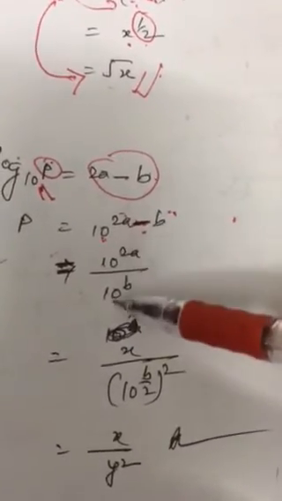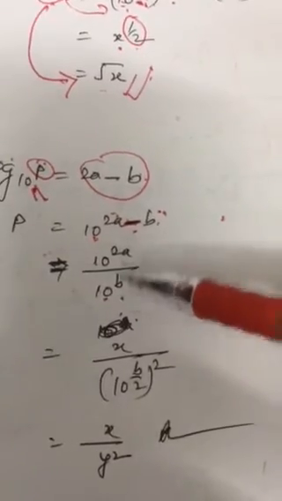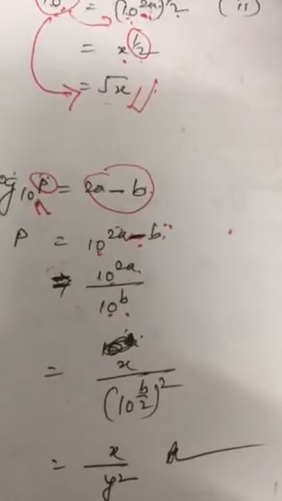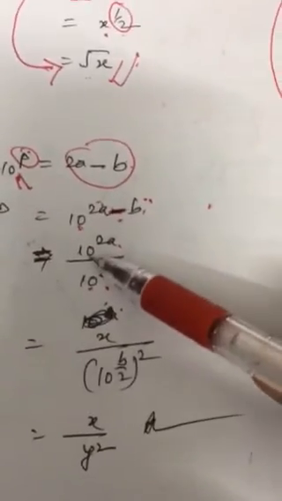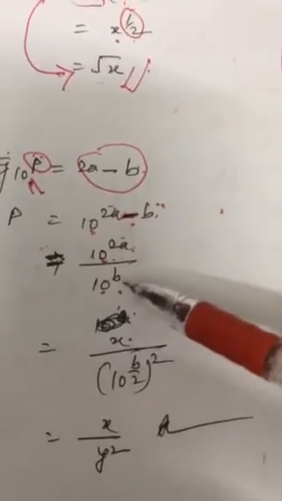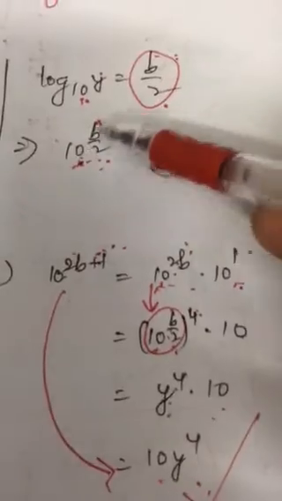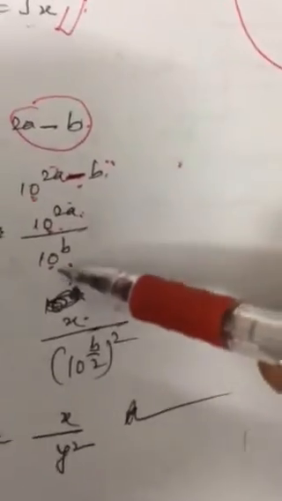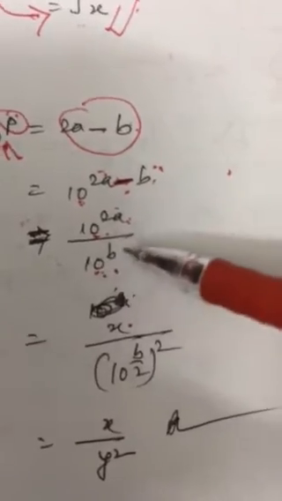So p equals 10^(2a) divided by 10^b. The value of 10^(2a) is given as x, but for 10^b we only have 10^(b/2) given as y.